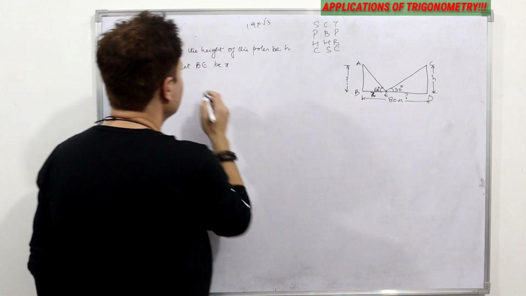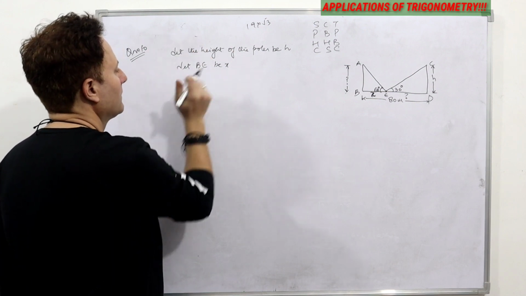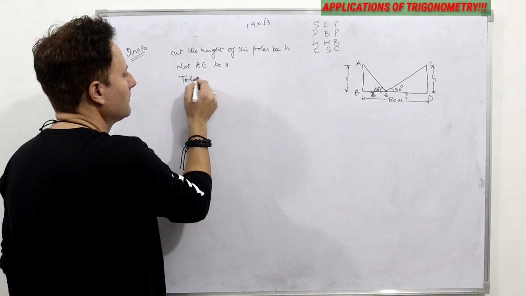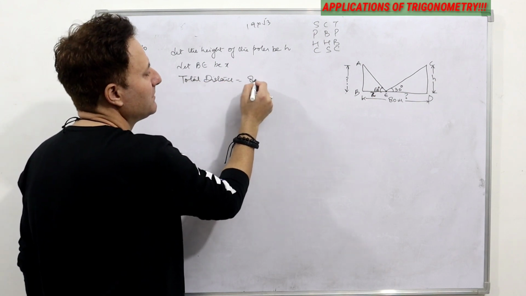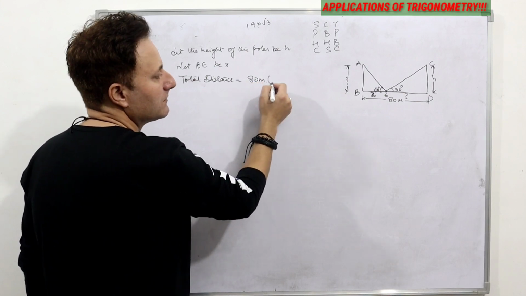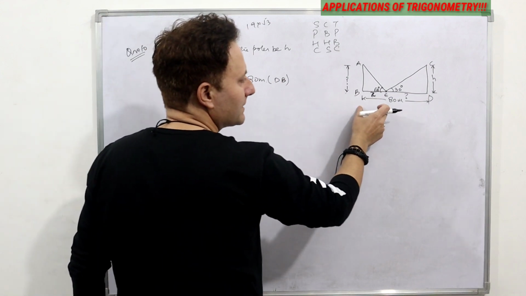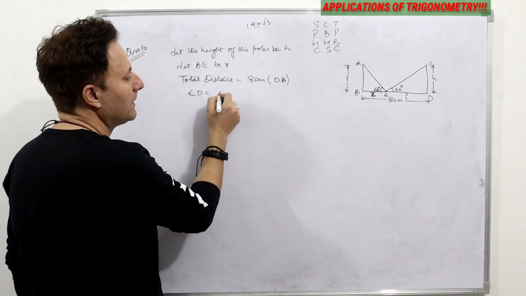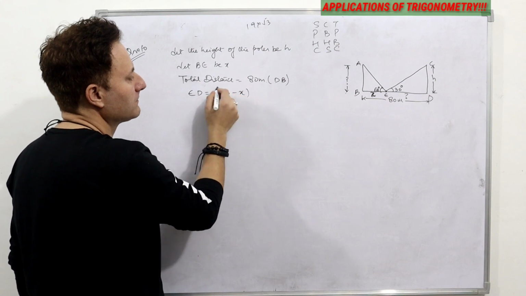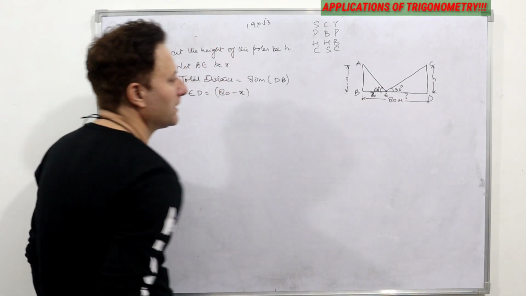So the total distance between the poles is 80 meter. That is DB. Now if this is x, what is ED? So ED will be 80 minus x. Obviously, because this is 80, this is x, so this is 80 minus x.